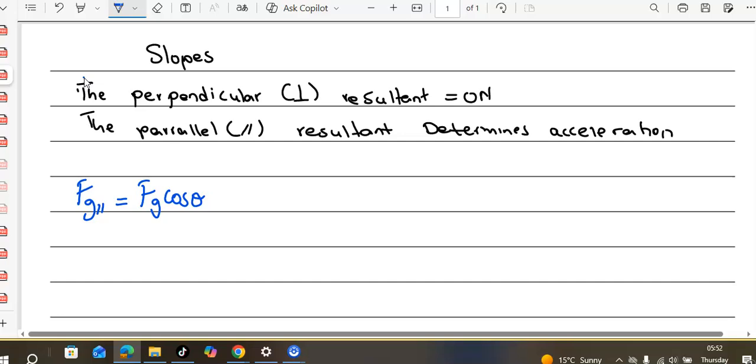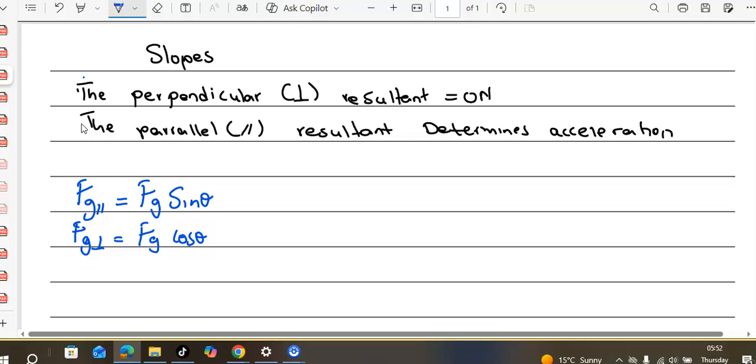Oh, I'm sorry, the sine of theta, not the cos. Remember, the cos is the one for the perpendicular. So each and every time you have FG parallel, you can substitute it with FG sine of theta, and the FG perpendicular is equal to FG cos of theta.